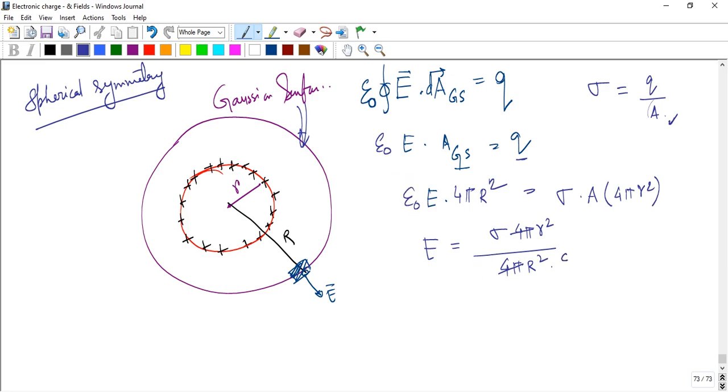Now put the epsilon naught here. So sigma by epsilon naught times small r squared by capital R squared, that is it. And vectorially, the r cap direction and the E direction are the same.